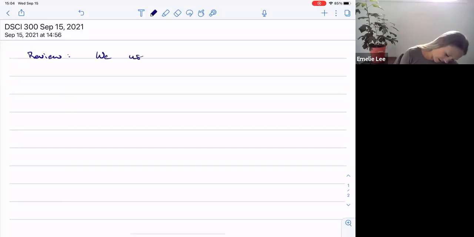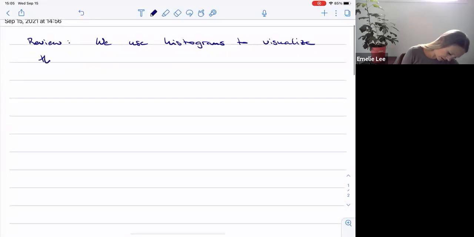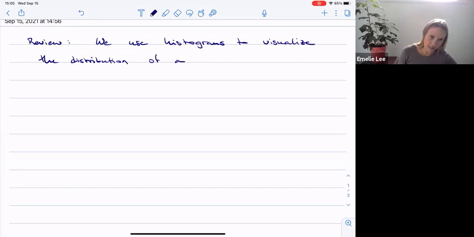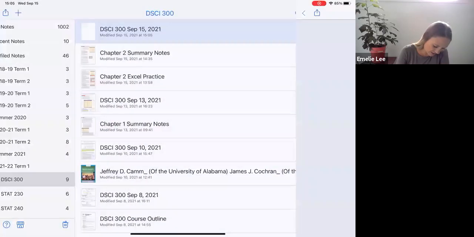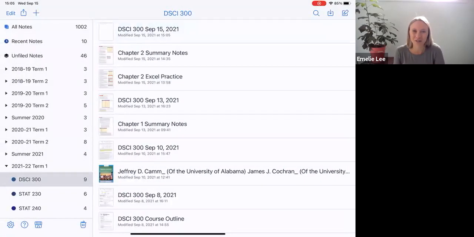We use histograms to visualize the distribution of a, and now I'm blanking on, all my different courses are using different terminology, and I'm trying to stick with the same terminology as the textbook. Are we using numerical or quantitative?